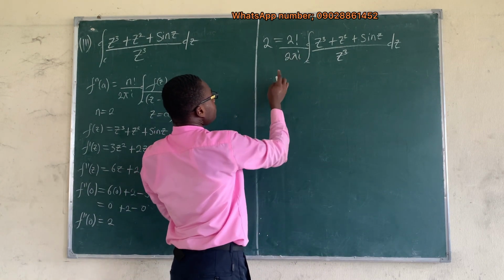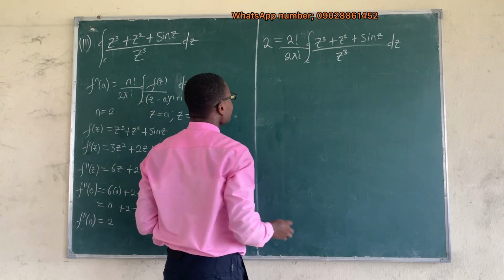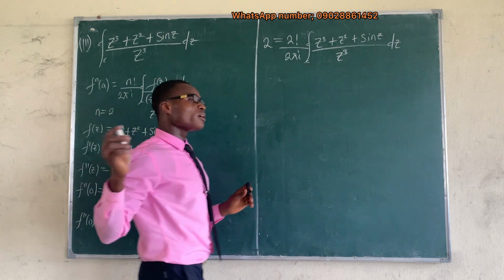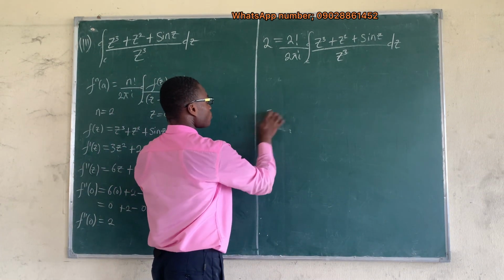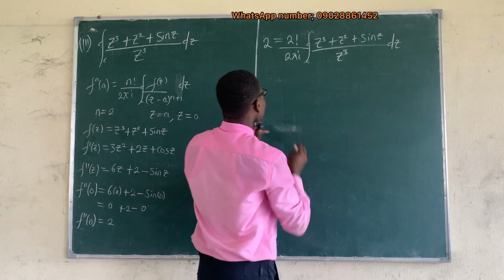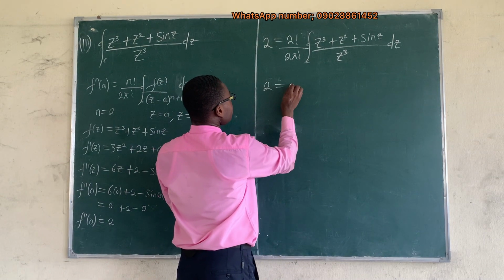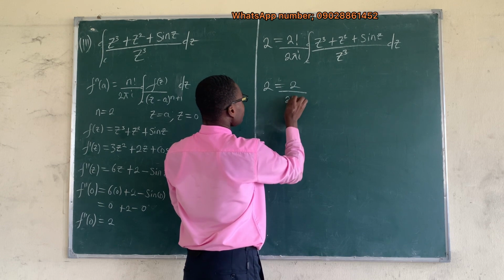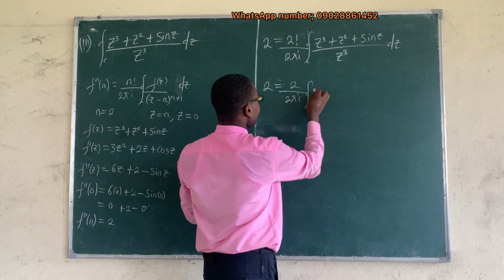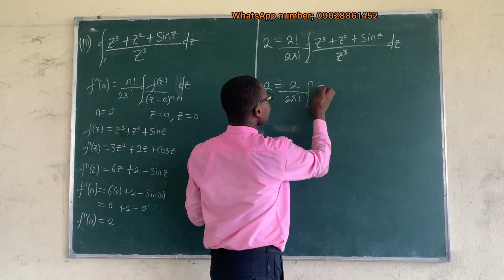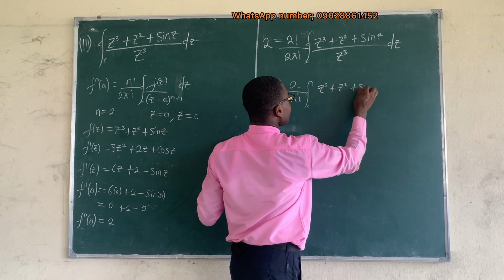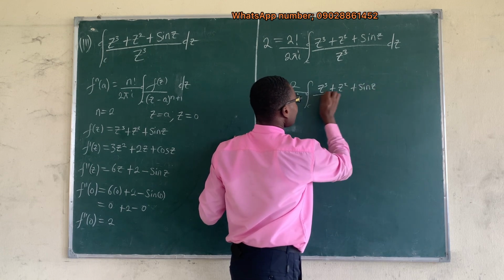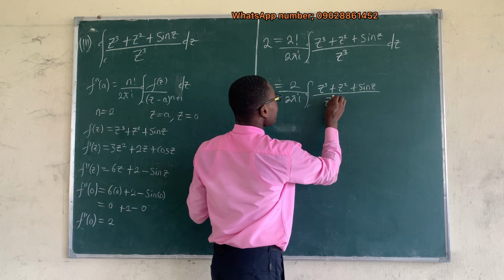So obviously 2 factorial is 2 because 2 factorial is 2 times 1, which is equal to 2. So we have 2 equal to 2 over 2 pi I, the integral, the curve is closed, of z cubed plus z squared plus sine z over z cubed dz.